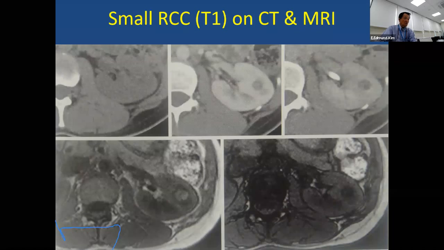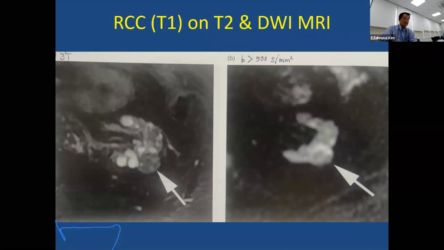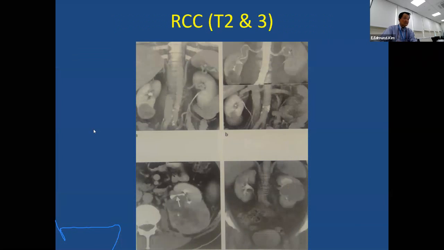A small lesion is difficult for differential diagnosis. It could be renal cell, it could be benign, all kinds of things, so you have to watch carefully. Diffusion imaging shows sometimes high, sometimes a little bit low.